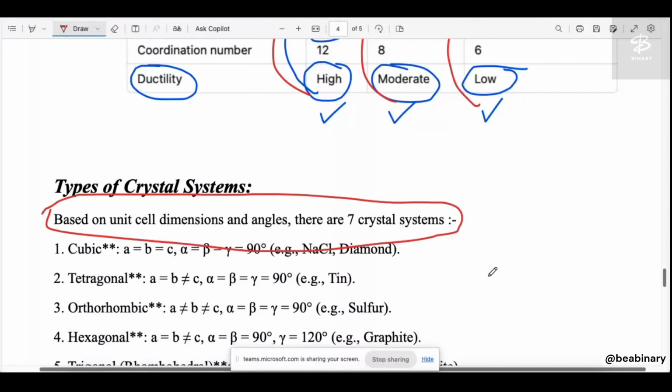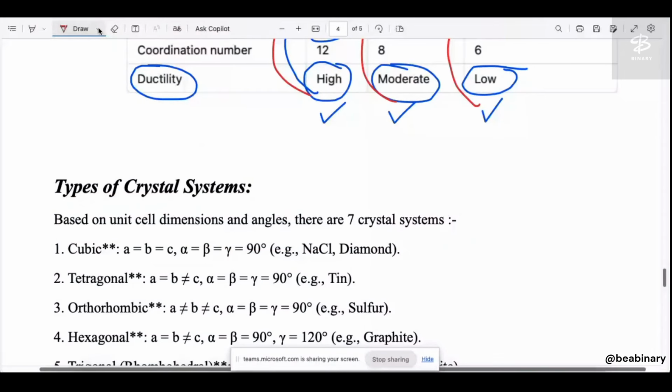That will make your three dimensions. And the angle between these three is known as alpha, beta, and gamma. Okay, so simple. This is the 7 crystal systems.